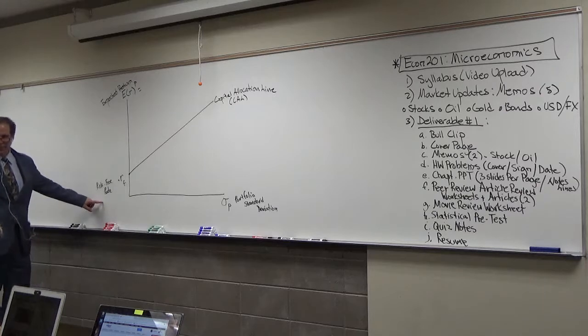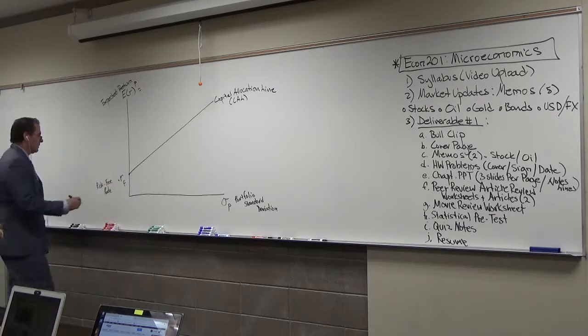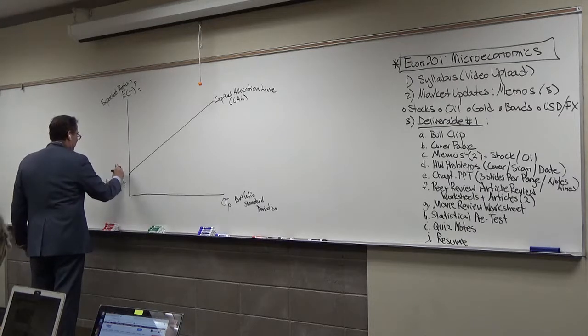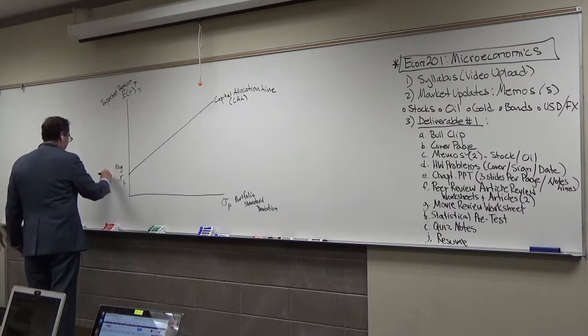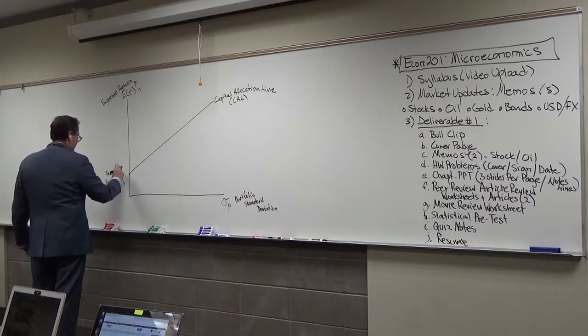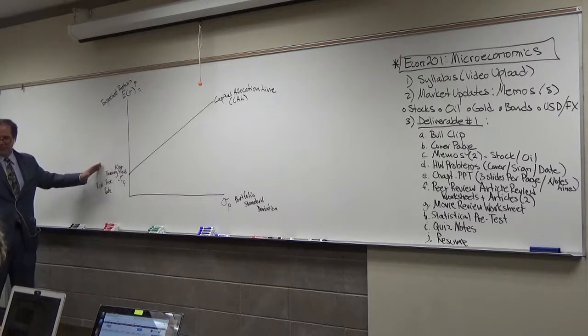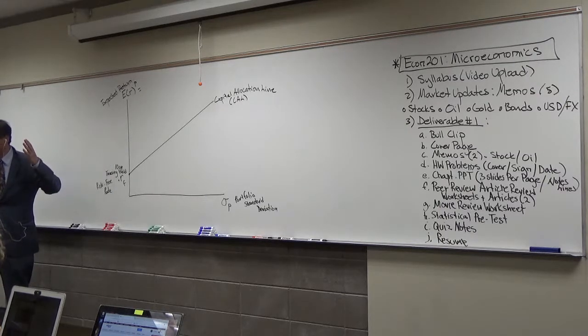Right here, this point is called the risk-free rate. For the risk-free rate, we usually start with the 10-year treasury yield. Where's the 10-year trading right now? That was on the exam.